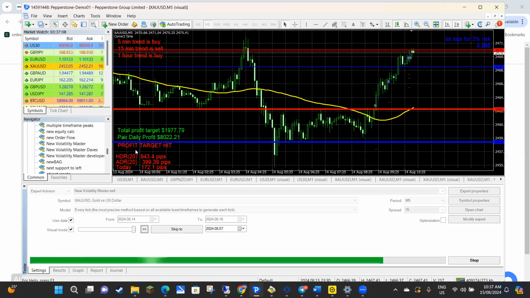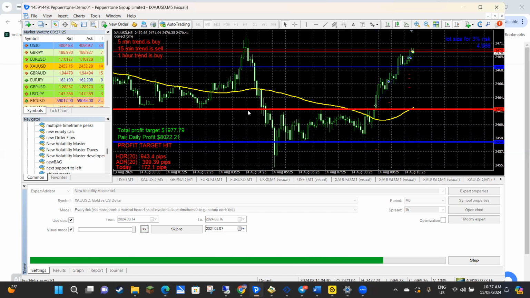And profit target hit won't show on the other pairs because it hasn't been hit on them. But when the total profit target gets hit, all the trades on all the pairs would get closed.